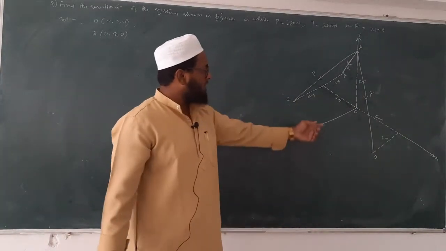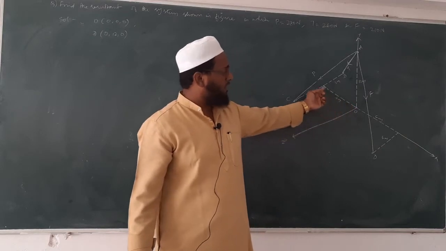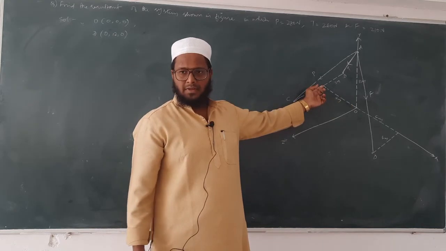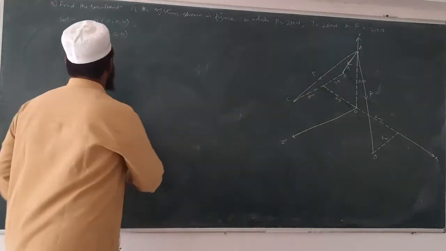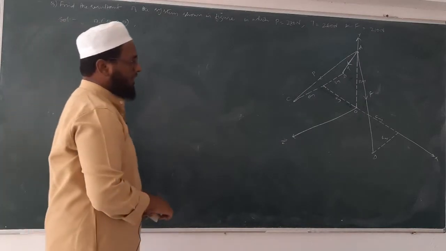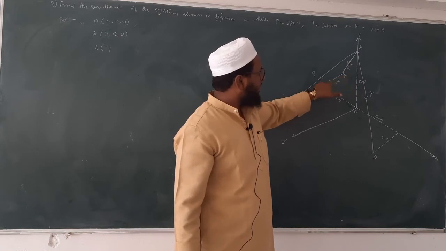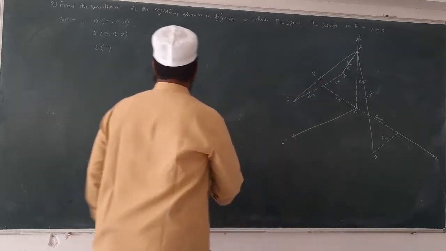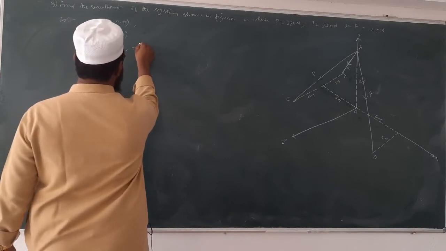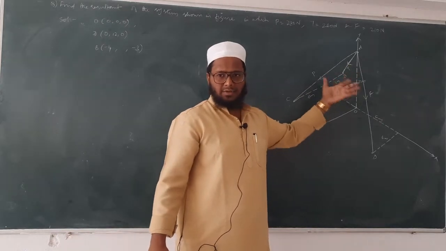So for the calculation of point B, on the negative x-axis, I am moving at what distance? 4 meters. Plus 4 or minus 4? Minus 4. So for point B, minus 4 on x-axis. Then what about z? This is minus 3. What about y? Y is not given to us.